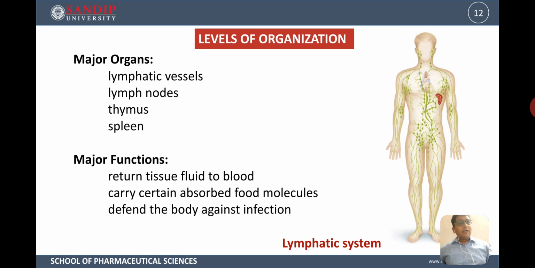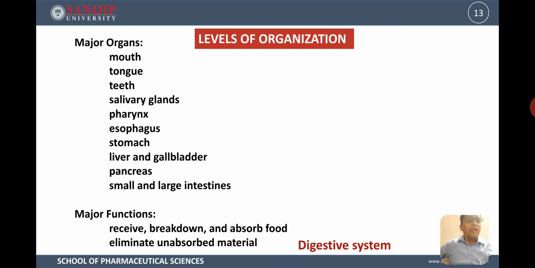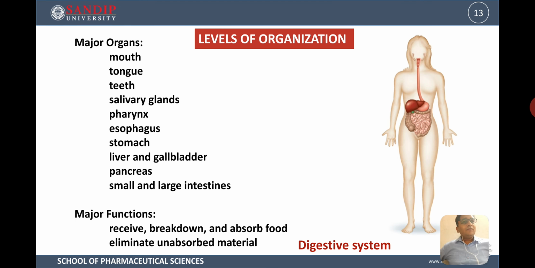Then it carries some absorbed food molecules and defends against infections. Whatever our immune system is, that particular immune system works with the help of the lymphatic system.